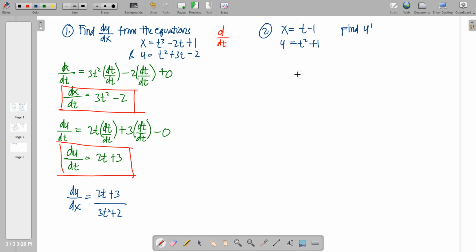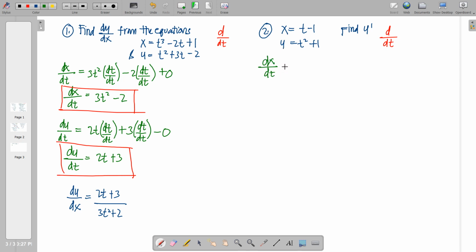So another example, we have another equation, x and y in terms of t. We are going to find dy over dx or y prime. So again, we'll just execute d over dt on both the x function and y function.